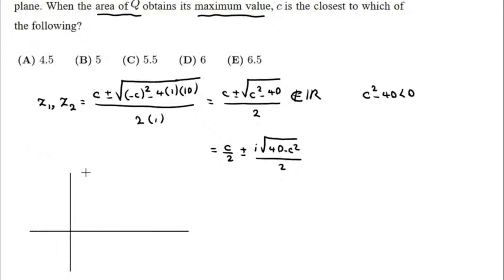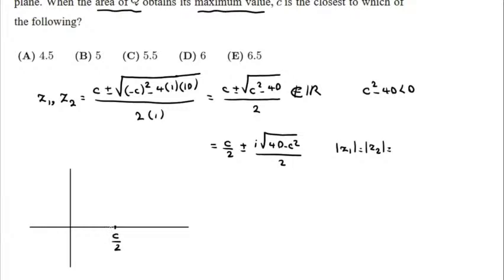Now let me tell you, if I want to find the length of z1, z2, you will see they are equal. Why? Because, first of all, without loss of generality, suppose c over 2 is positive. We can also consider when it is negative what happens.